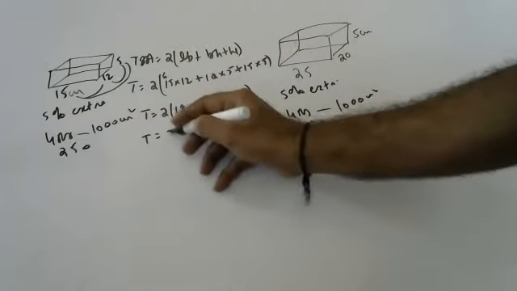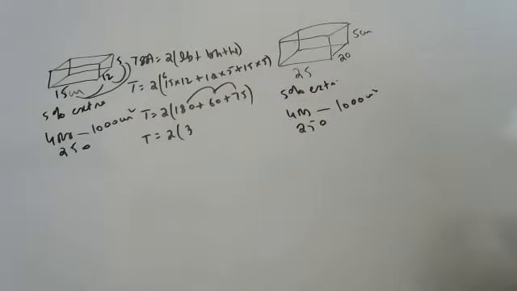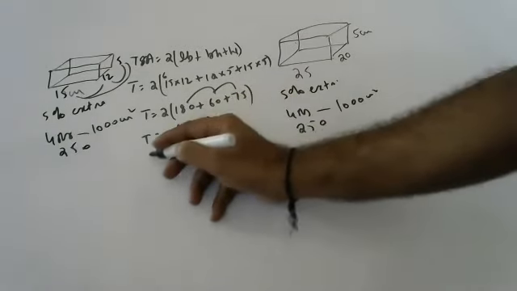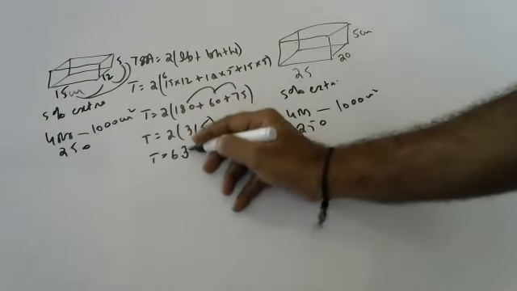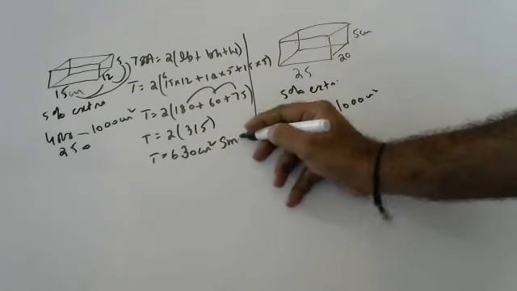How much is that, children? 2 into 315, so 630. 630 centimeters square is the TSA of the small box.